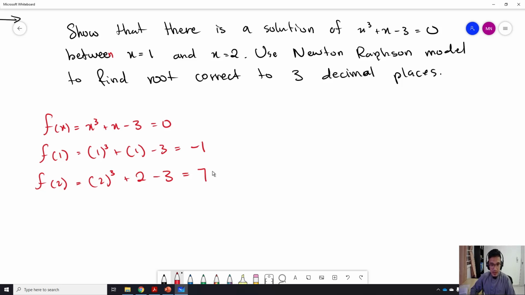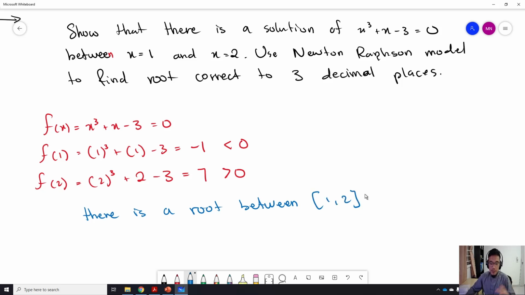From here, we can see that f(1) gives us negative 1, which is less than 0, and f(2) gives us 7, which is bigger than 0. So there are two different signs, one negative and one positive. From here we can conclude that there is a root between 1 and 2.